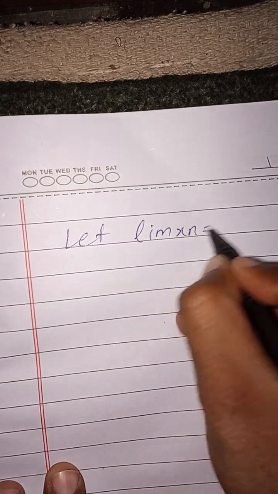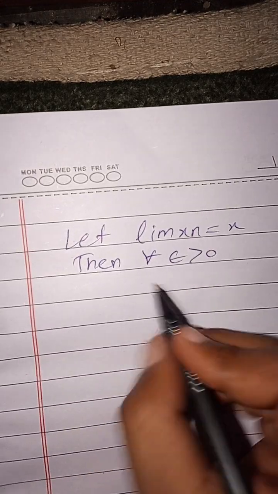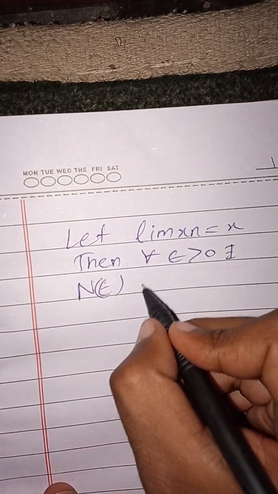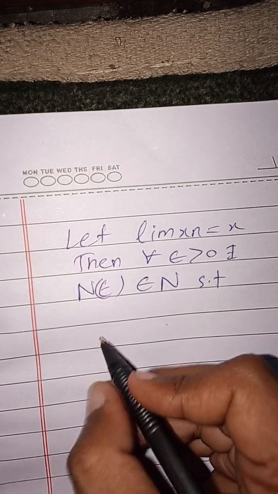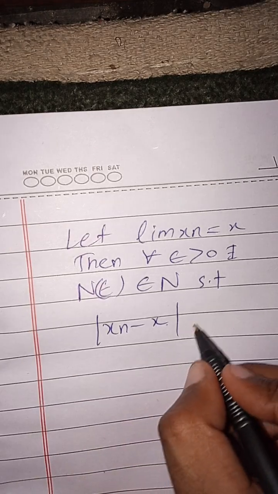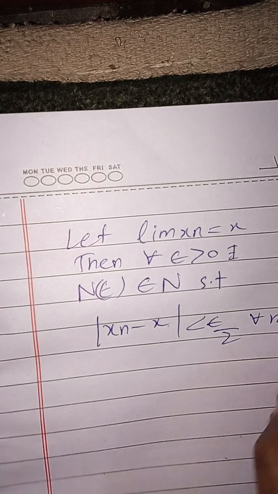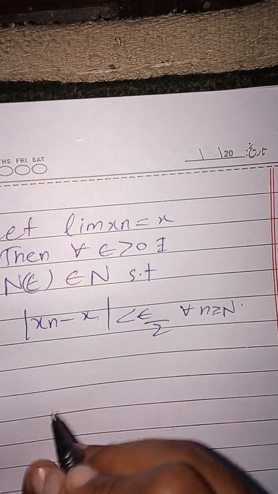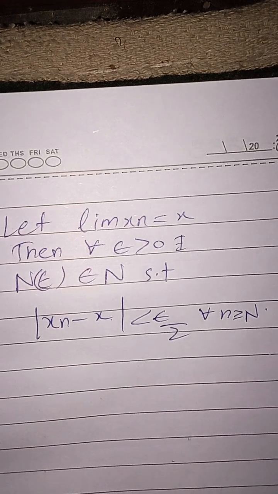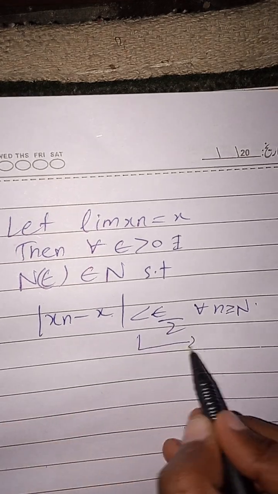So let the limit be x. Then for all epsilon greater than 0, there exists, by the definition of limit, N of epsilon belonging to the naturals such that |xn minus x|, the difference of the limit and the nth term of the sequence, is less than epsilon by 2 for all n greater than or equal to capital N. So by the definition of limit, the difference of xn minus the limit is less than epsilon by 2, which is equation number 1.